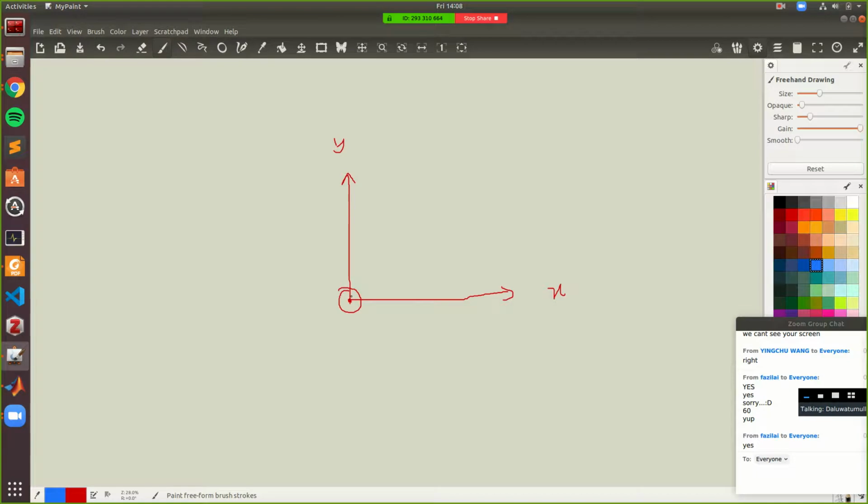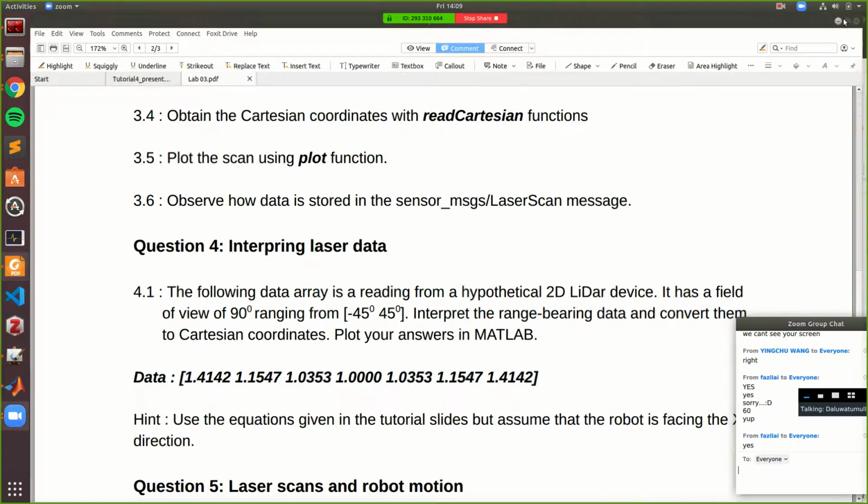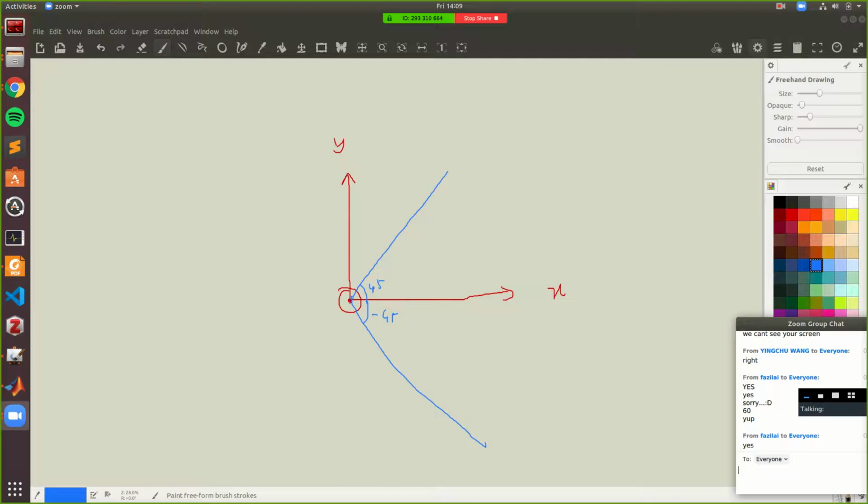So that is plus 45 to minus 45. And we've been given 7 ranges. So basically the laser has in one sweep gone through 7 locations.